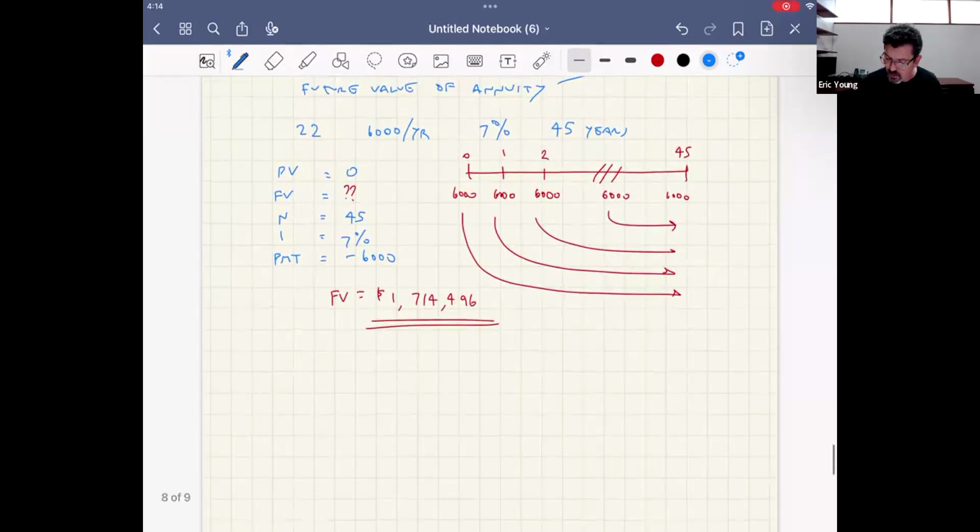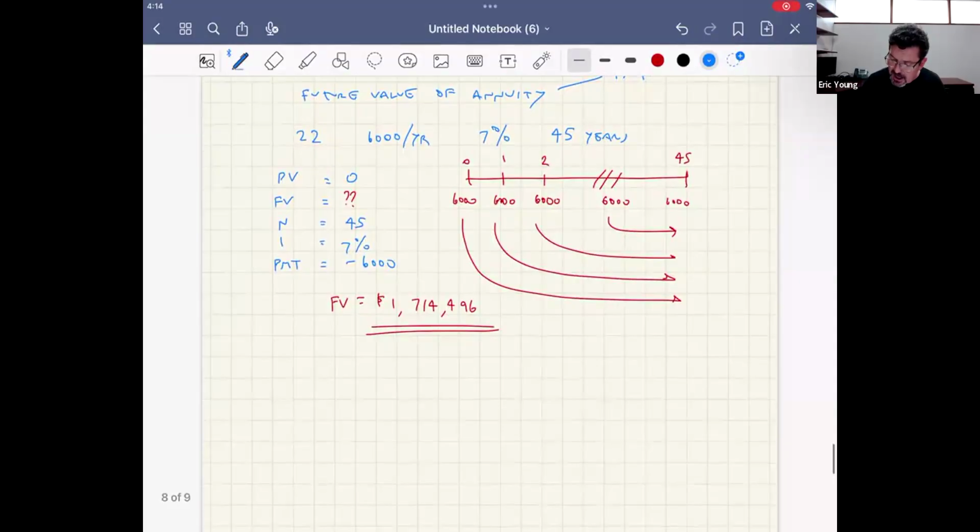So it's the same sort of problem, but now it's not going to be $6,000 a year. It's going to be $500 per month. You're still putting in 6,000, but it's 500 per month, not 6,000 one time a year. You're still going to grow at 7%.